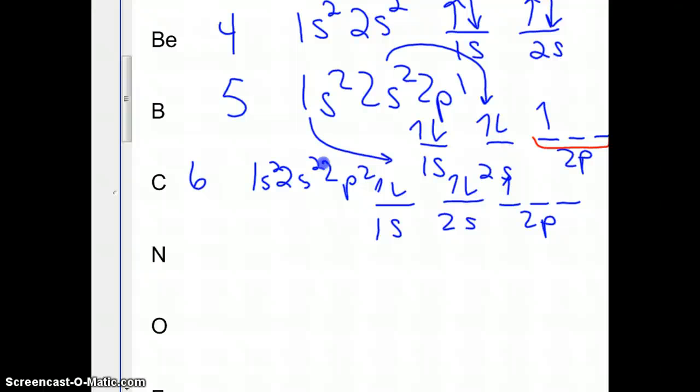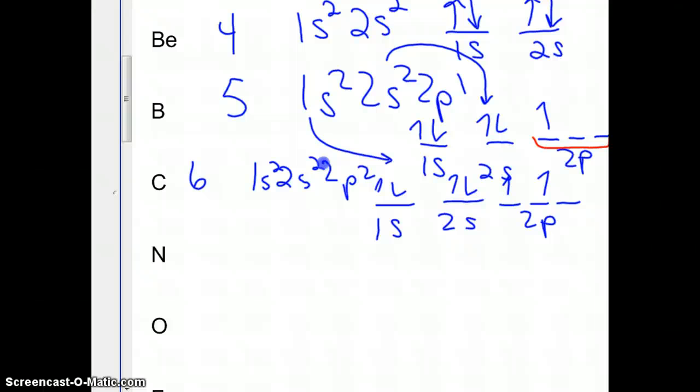No. It's kind of like having empty bedrooms. I bet if your parents have more kids and empty bedrooms, they aren't going to squish both kids in one bedroom if they have 2 more empty ones. Same idea here. So instead of putting the arrow going down in the first blank, you're going to put the next one going up. So you're going to fill each of the orbitals first with a single electron, and when we get to that 4th electron, we'll go back and pair it with the first one at 2p.